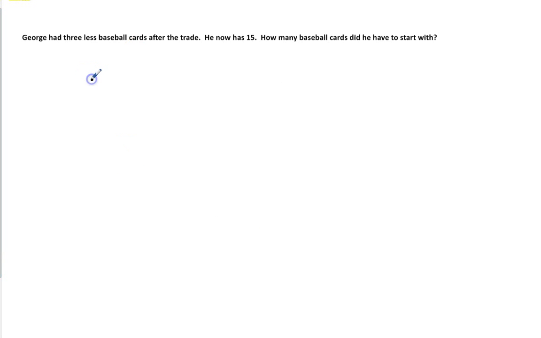George had 3 less baseball cards after the trade. He now has 15. How many baseball cards did he have to start with? So we know that he now has 15, and he had 3 less prior to the trade. So we have to add in order to find out how many he started with. So again, I draw my line to show my opposite sides of the equal sign. Since I added 3 to this side, means I had to add 3 to this side.